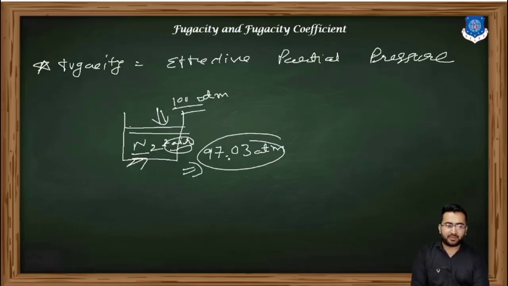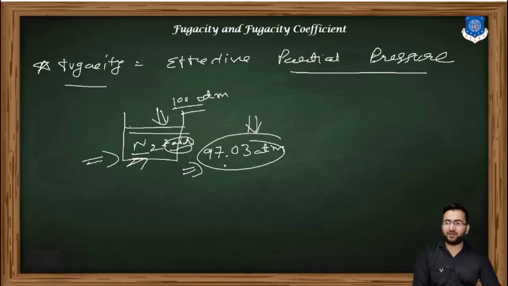So this 97.03 atmospheres is known as the effective partial pressure, or the fugacity of the nitrogen. It represents deviation from ideality. Fugacity is determined experimentally or estimated by various methods.